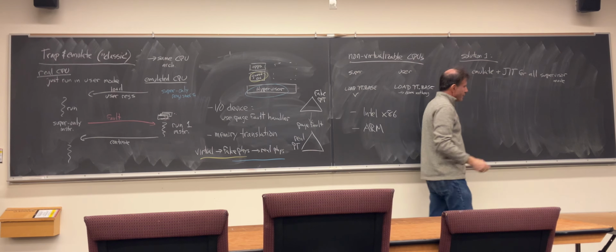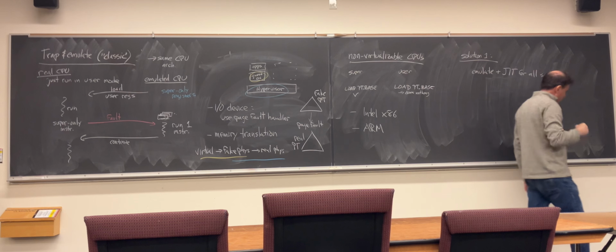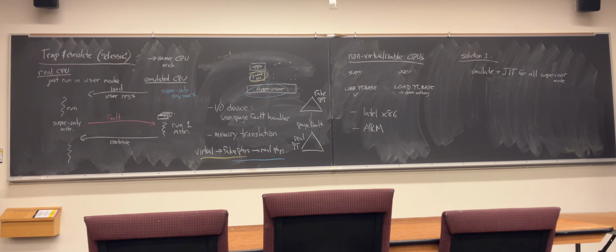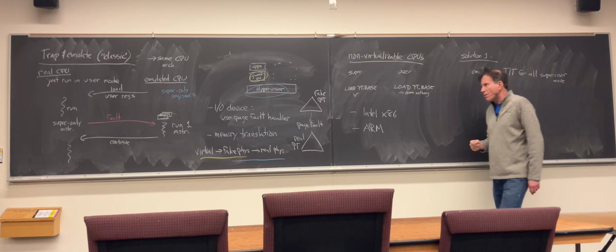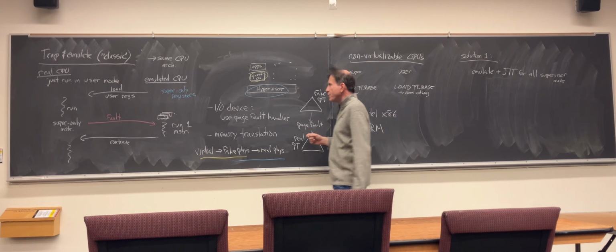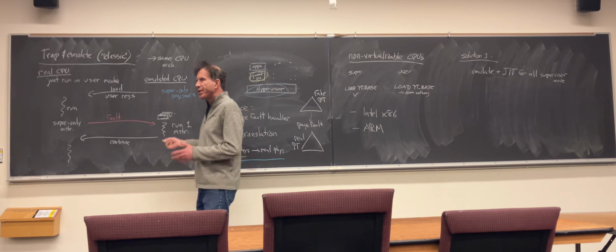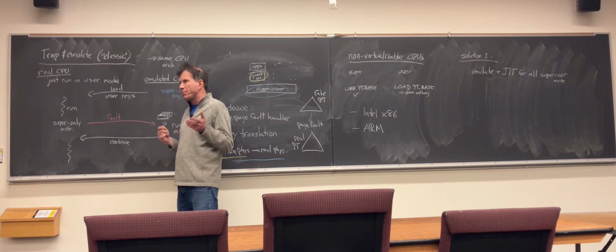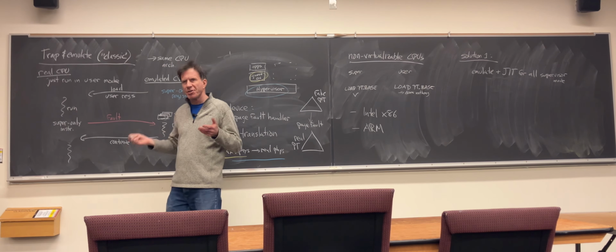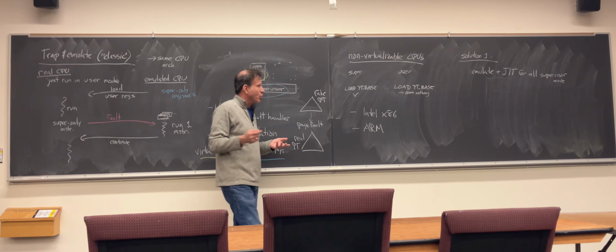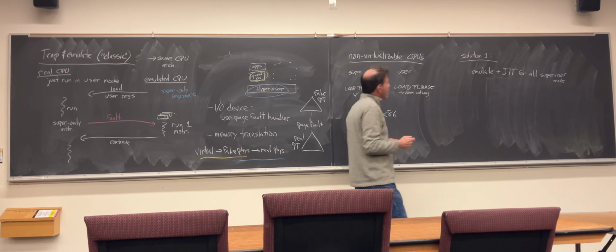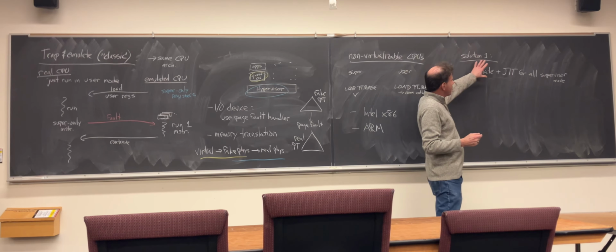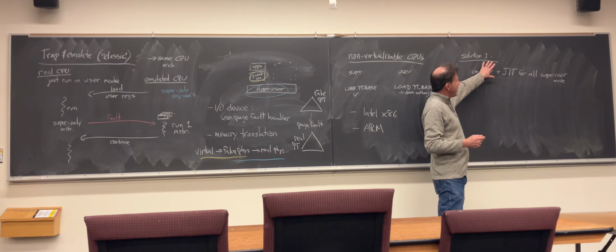The first solution, the solution that they went with at first, was that when you went into supervisor mode, whatever you did would trap into the hypervisor, whether it was an interrupt or a system call or a page fault or whatever, and the hypervisor would just stay in emulation.